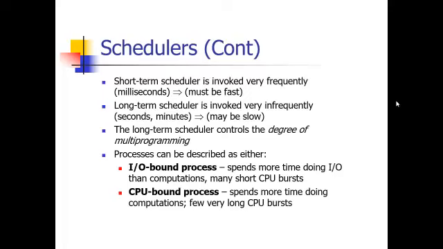We call it short CPU bursts, because most of the time it is doing input output operations. CPU bound processes on the other hand will spend more time executing or using the CPU, so it may have very long CPU bursts, very long CPU usage.